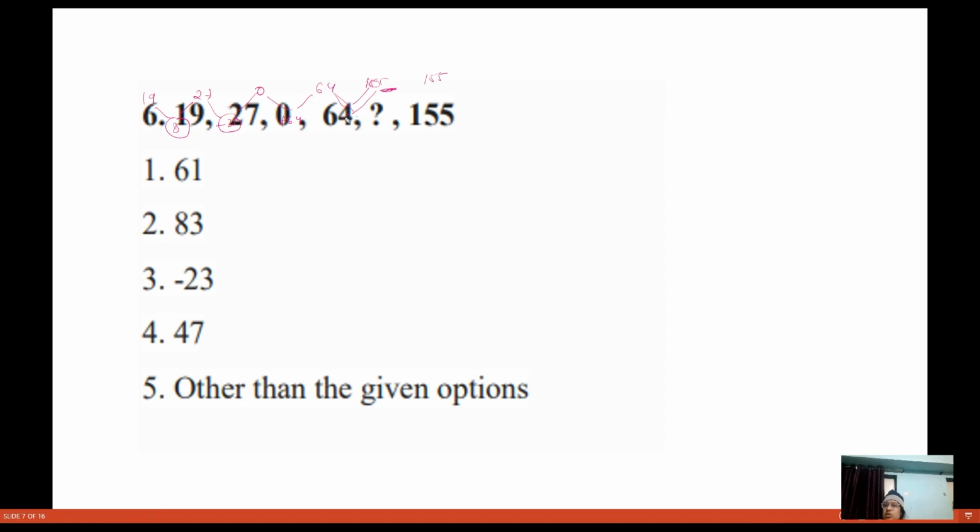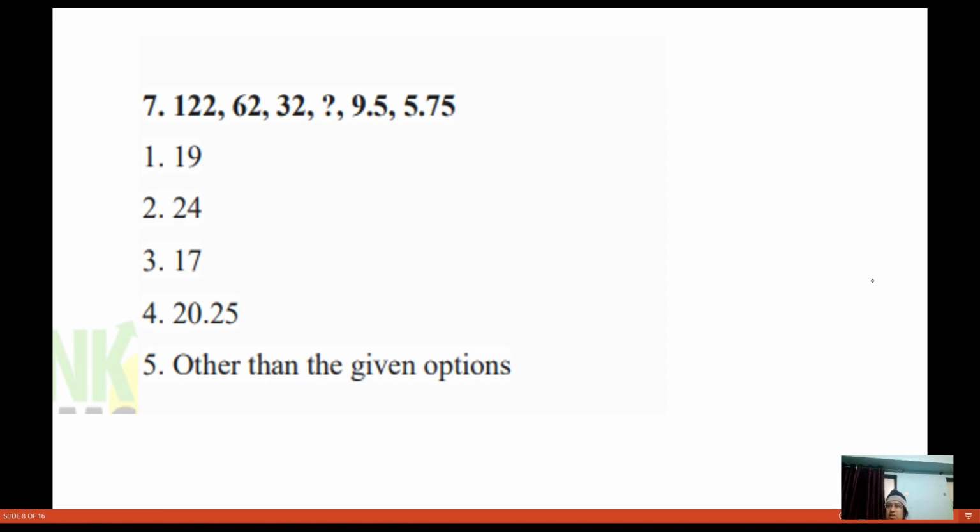So this difference should be minus of 125 and this difference should be plus of 216. So obviously I am getting 2 cube, 3 cube, 4 cube, minus of 5 cube, and then 6 cube. So this difference comes to be minus 61.